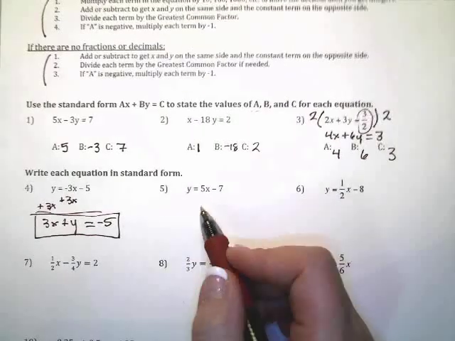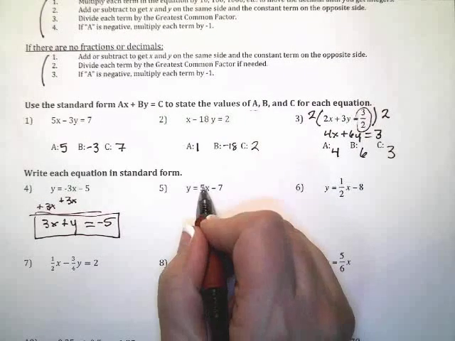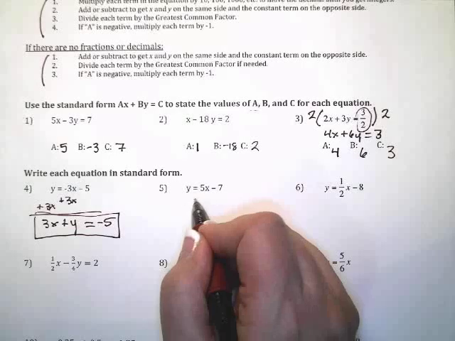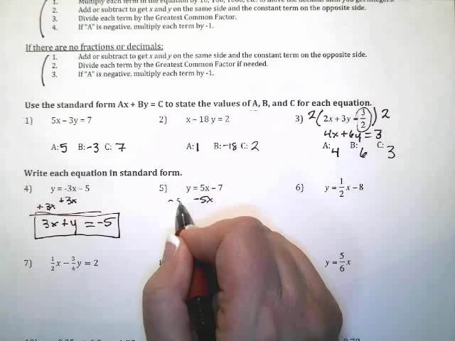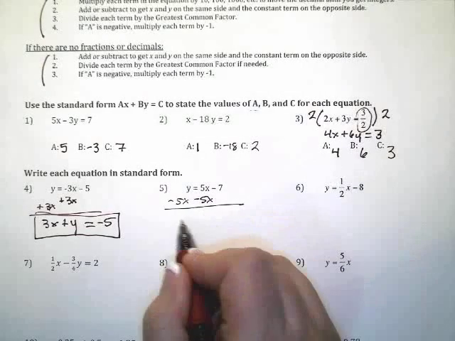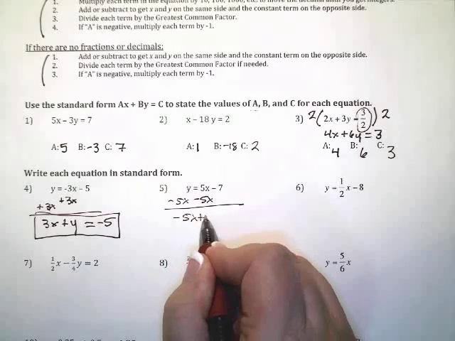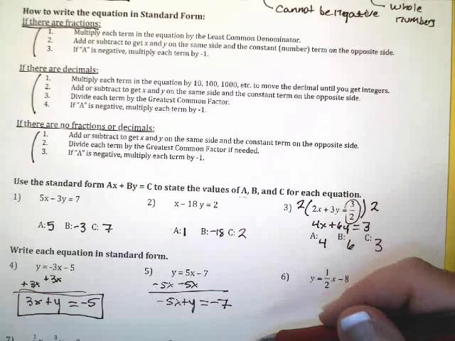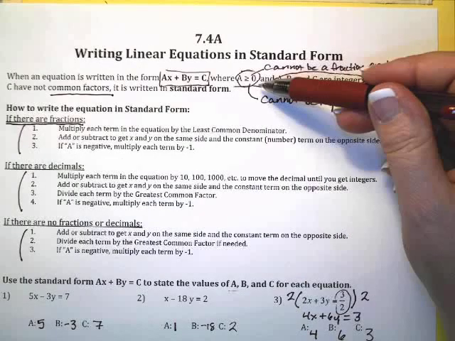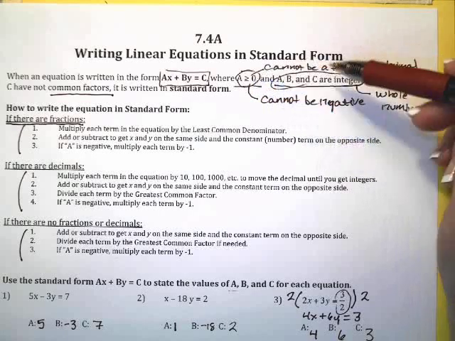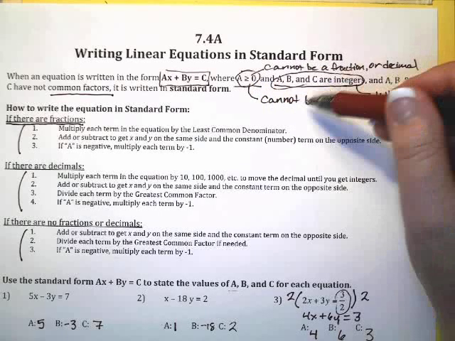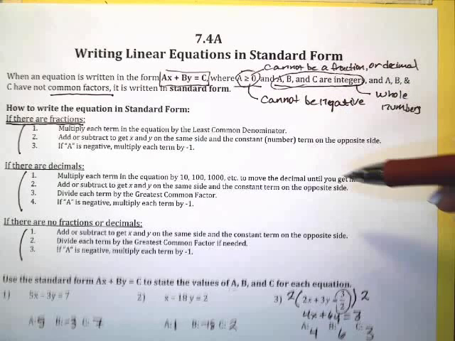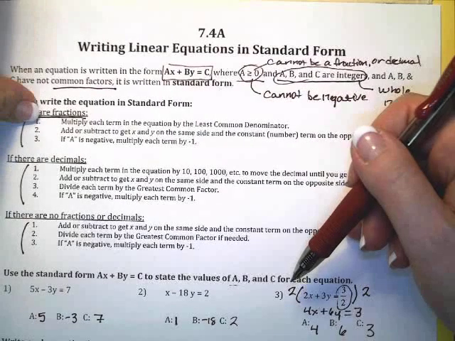All right, for number 5, we need the x term to be on the left-hand side, so let's subtract 5x from both sides. So we have negative 5x plus y is equal to negative 7. Now, before you box or circle your answer, remember up here we said a has to be greater than or equal to 0, which means it cannot be a negative. A is the only one that cannot be a negative number.